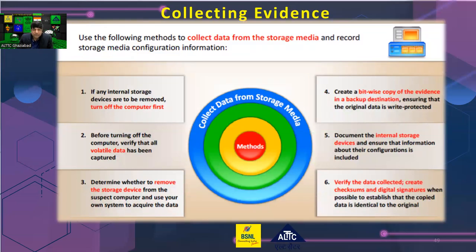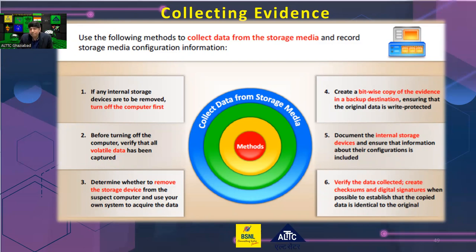What is the method? Collecting from the storage media and recording the storage media. If internal storage devices are to be removed, turn off the computer first. Before turning off the computer, verify all the volatile data has been captured. Determine where to remove the storage devices from the suspect computer and use your own system to acquire the data.